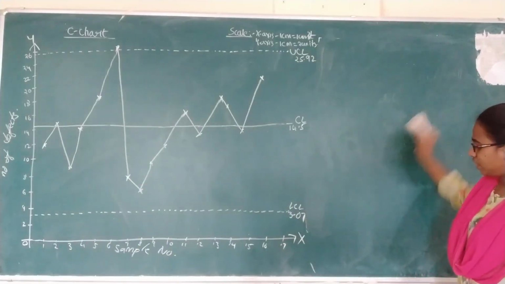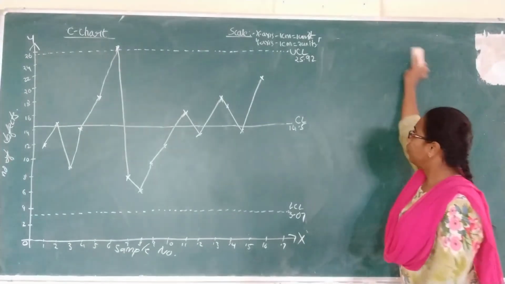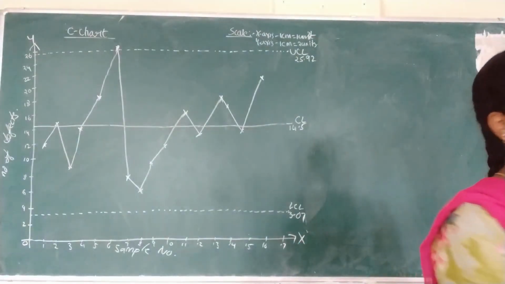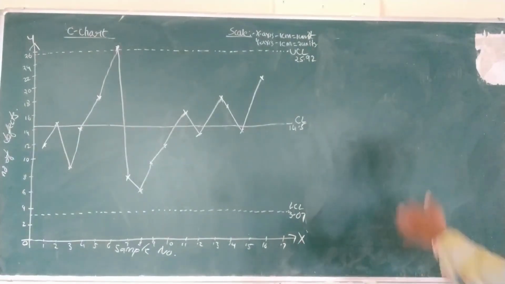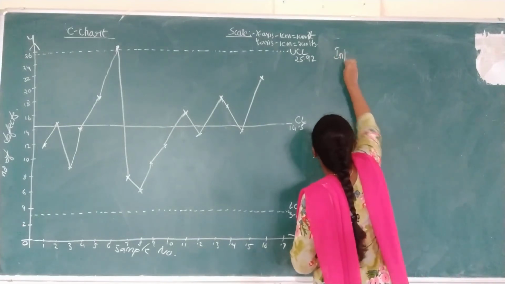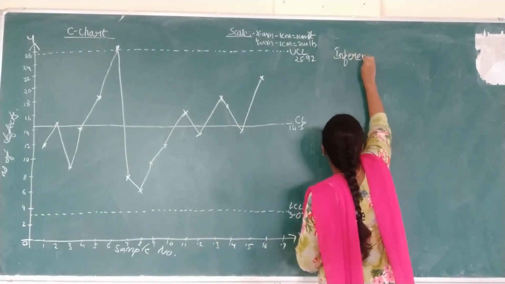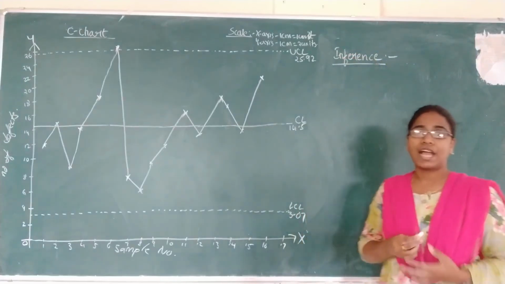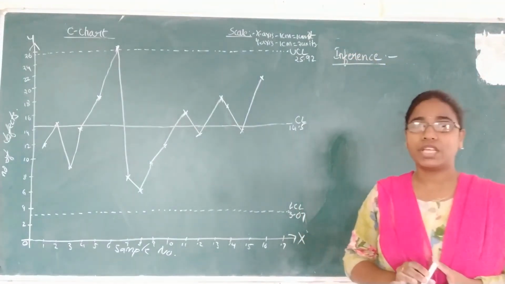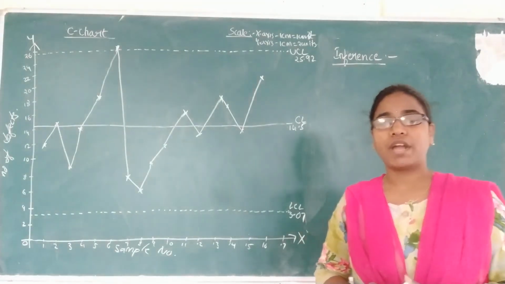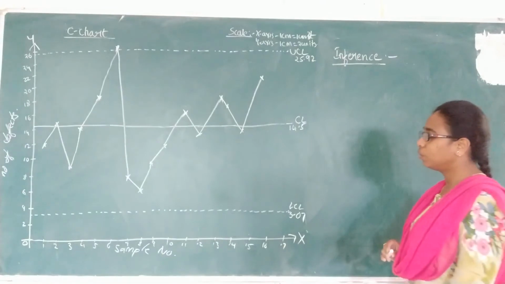So in inference, what we are going to write? Whether the process is under statistical control or not. So write down the inference. We have to check whether the process is under control or not.